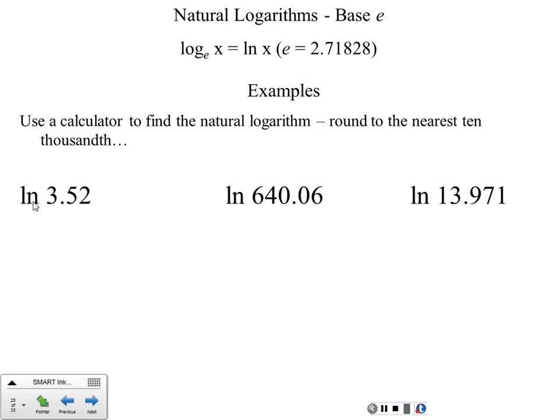And so for my calculator, I hit LN and then the number 3.52, and I come up with 1.2585. So again, this one's not so bad. Just make sure you know how to get them in your calculator.